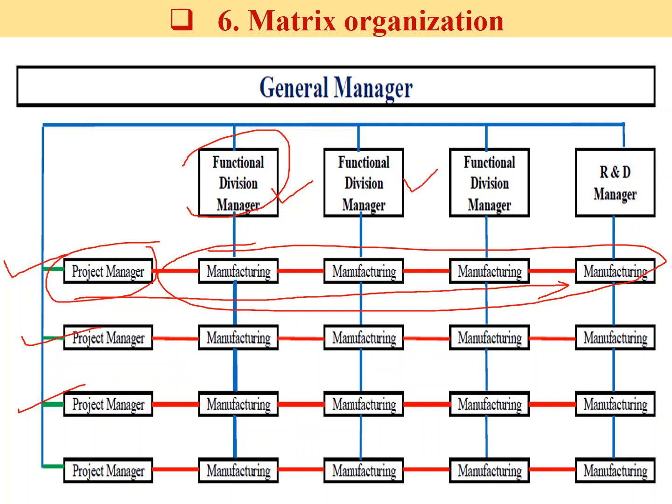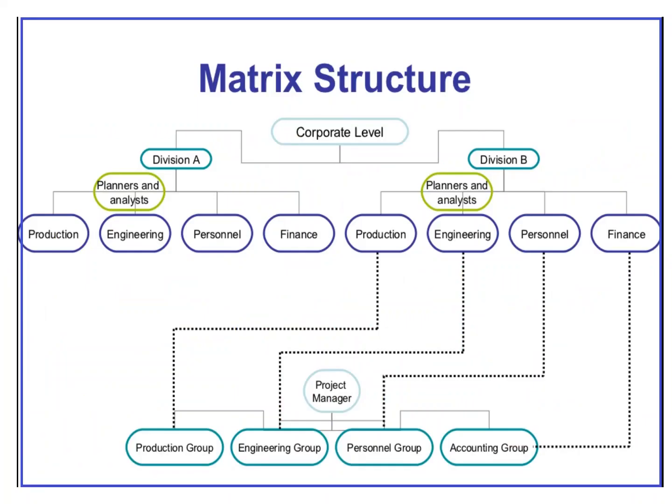The staff or functional managers are there, and these are the team who has to monitor this project. Okay, he is the project manager. So this is like a matrix. In the matrix, it is visible to you.